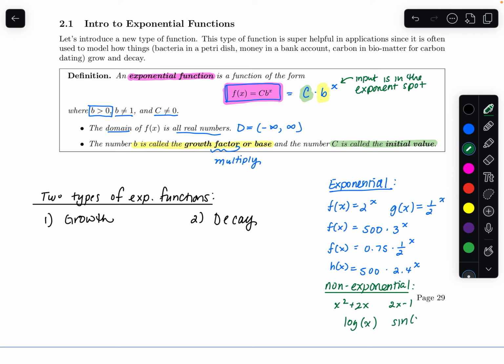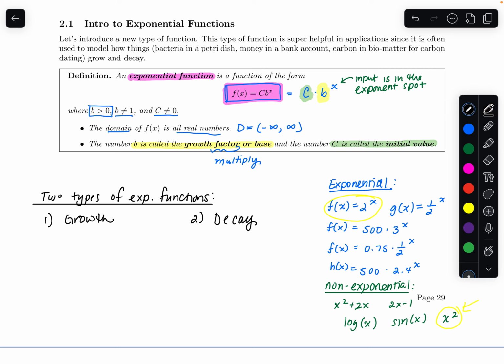Trig functions. The most commonly confused functions are this one, x squared, and 2 to the x. Most commonly confused. One's an exponential, one is not. In fact, this one is a polynomial or quadratic.